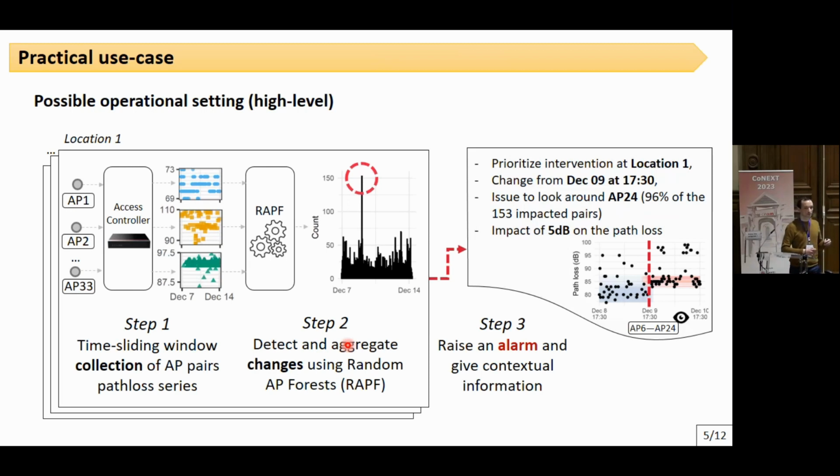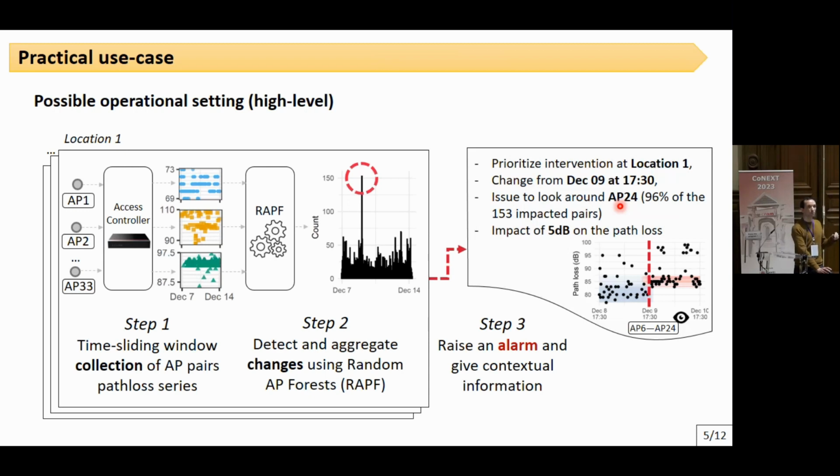If we apply just a single strategy on it, we may not find it, even though an operator looking at it may observe it. In this example, only this access point and only this location are impacted, while the other locations are completely normal.